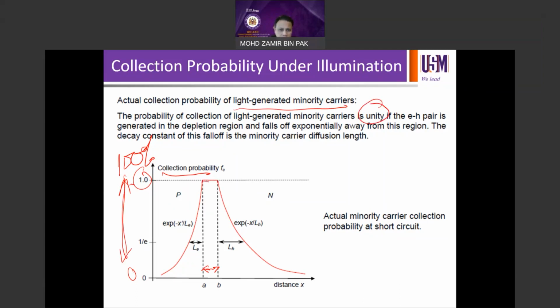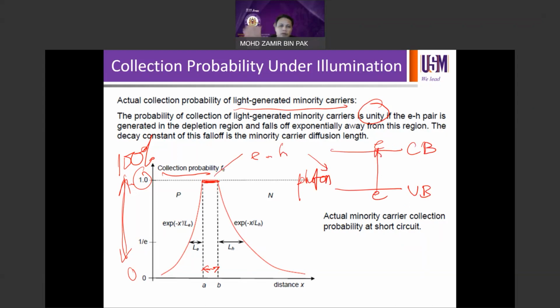So that means it's unity equals to 1 equals to 100% if the electron hole pair is generated in the depletion region. So if your photo generation takes place in the depletion region, you can assume that the carriers will be collected 100%.